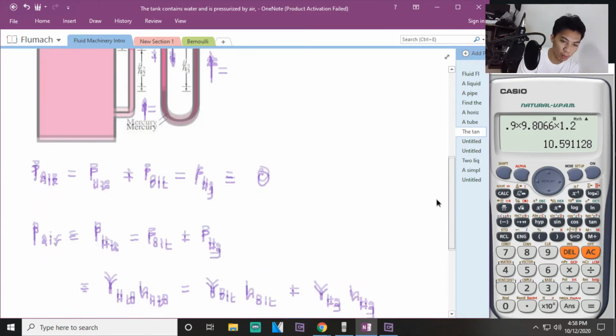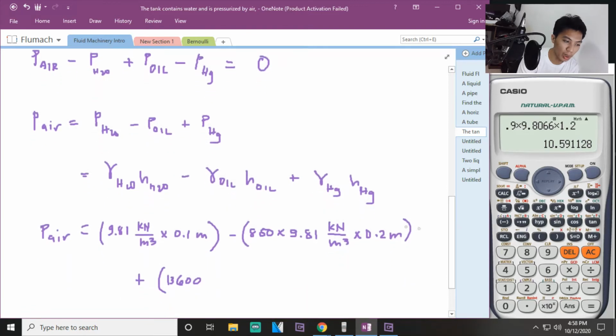Okay. Tapos, multiply mo yan. Newton lang. This will be divided by 1,000 pa. Kasi ang lalabas dyan, Newton. Ang kailangan natin kilonewton. Kilonewton per meter cube.